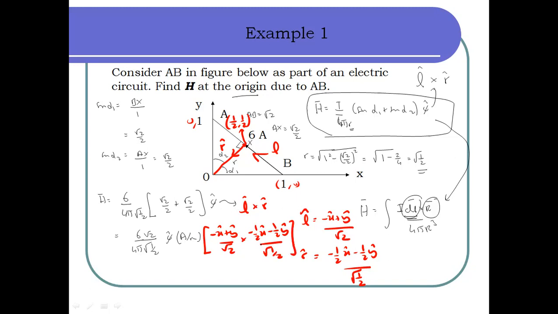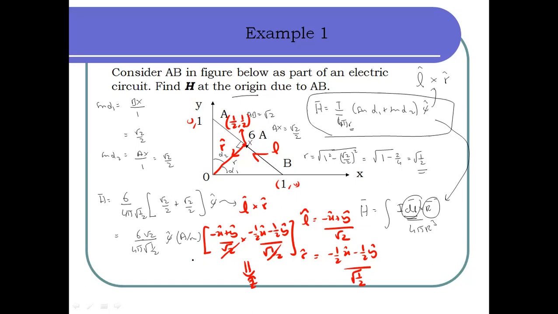So that should be the cross product between L and R. If you work through this cross product, basically this can be cancelled out, and you're going to get something on the z-axis. The resultant direction for the H field will be in the z direction. Sorry, I apologize: the direction of the H field should be in the z direction.